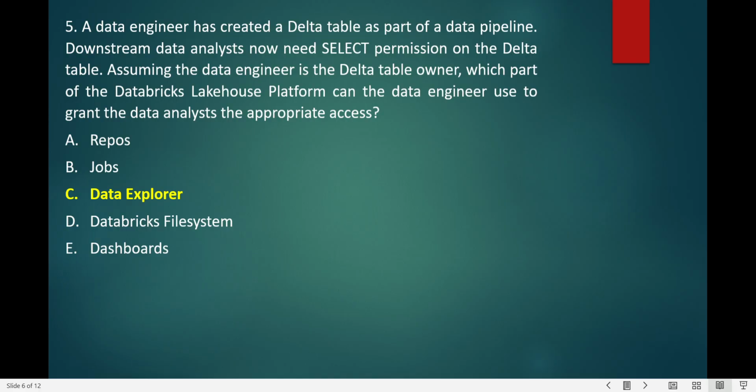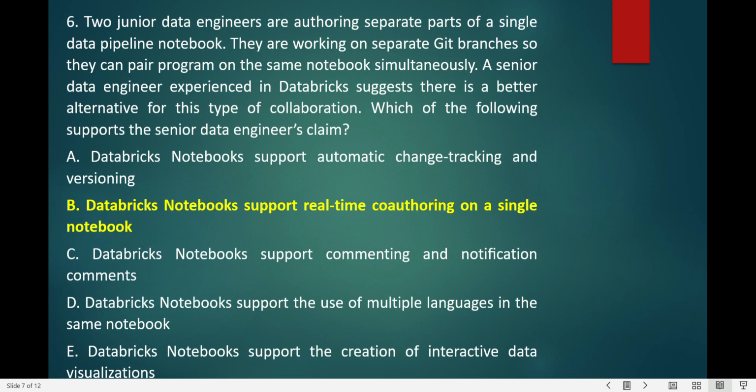Dashboards visualize data from queries or notebooks, and they don't manage data table permissions. Data Explorer is for browsing and managing data assets, and allows setting permissions on tables, views, schemas, and catalogs. So the correct answer is Data Explorer.